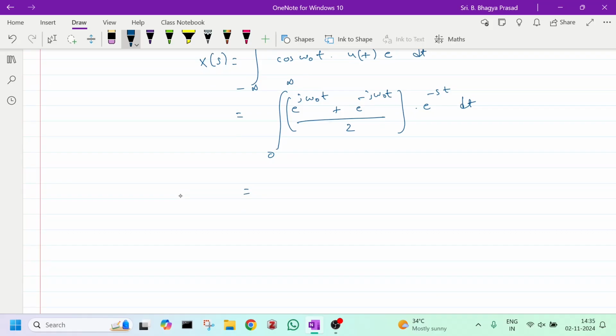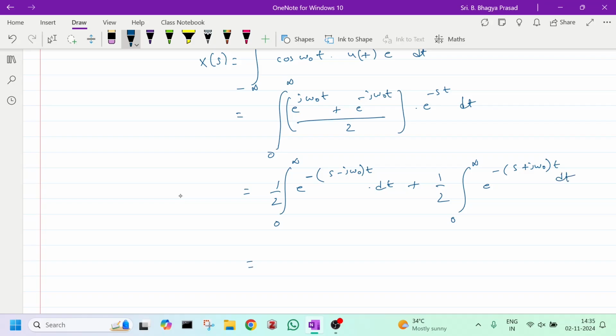This will be e power minus s minus j omega naught into t dt, integral 0 to infinity, plus the integral 0 to infinity of e power minus s plus j omega naught t.